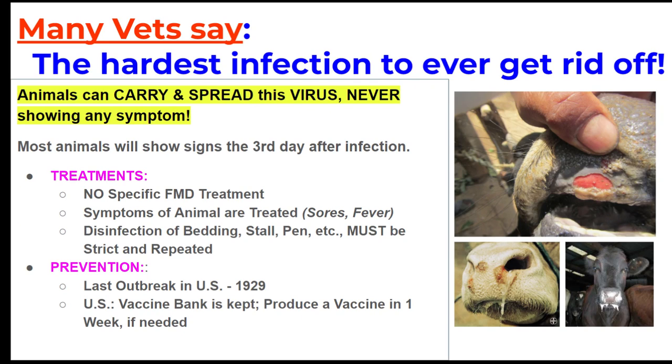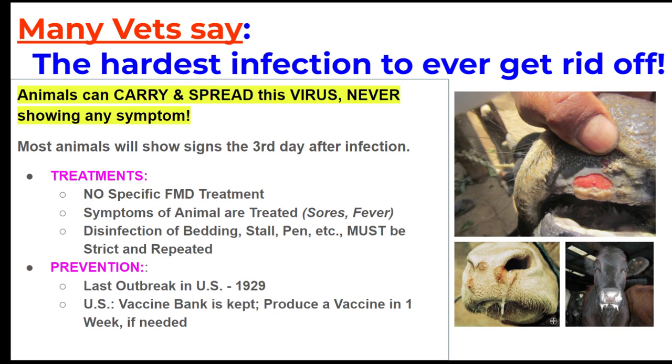Most animals will show signs of this virus if they are infected with it around the third day. But there are some animals that can carry this virus for many days, months, and never develop any symptoms and spread this virus to other animals and never show that they have it.